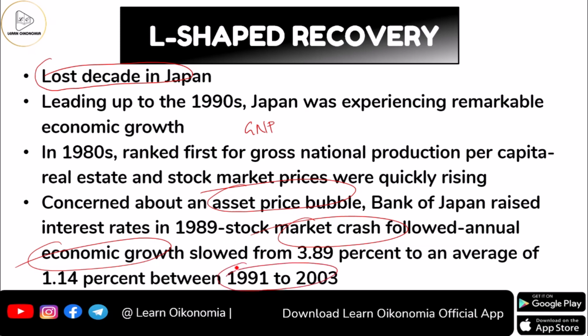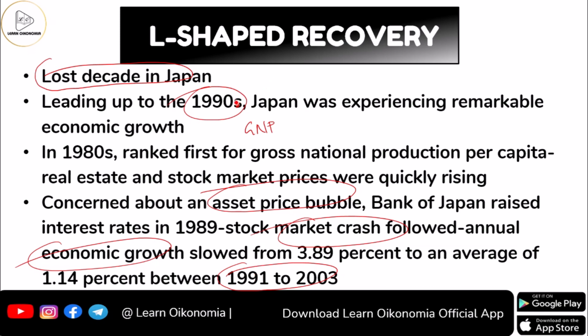This was between the period 1991 to 2003. So what we could see is that till the beginning of the 1990s, the Japanese economy was progressing very fast. But in 1991, the problem started.